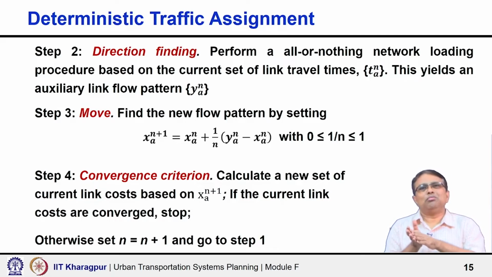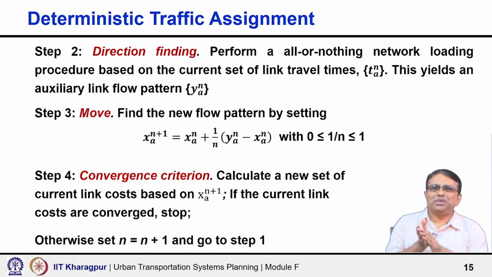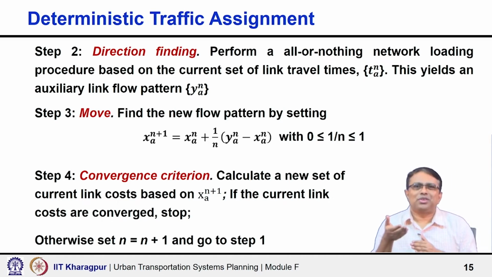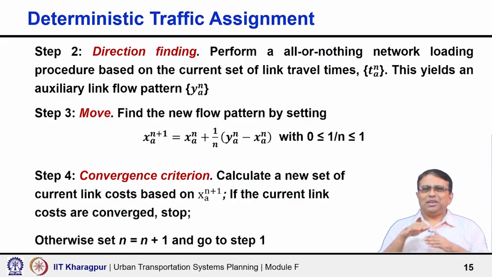It has some kind of interdependency based on whatever was the flow as per my last or most recent iteration, and whatever is the auxiliary flow now. Accordingly, we generate it and then keep on doing these things, till the time we are happy in terms of getting equal travel times and a reasonable flow distribution.